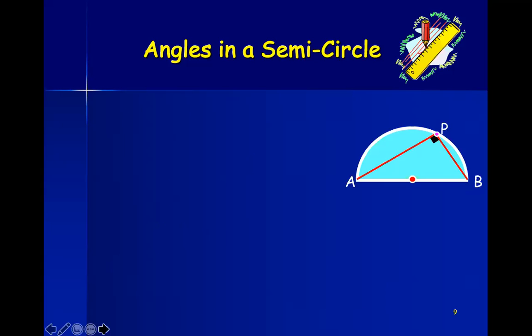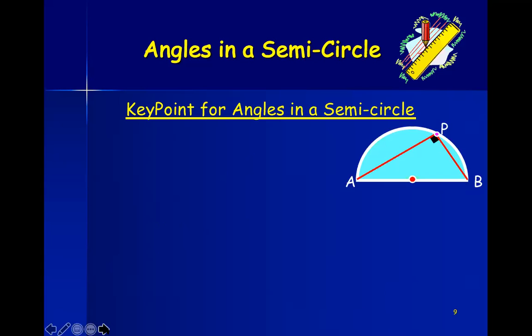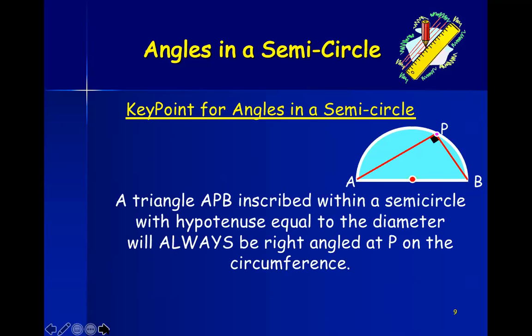So the key point is that in that triangle here, APB, the longest side is a diameter because you've got a radius plus a radius. But opposite that longest side, remember what we used to call the hypotenuse when we were doing Pythagoras? You have the two shorter sides.